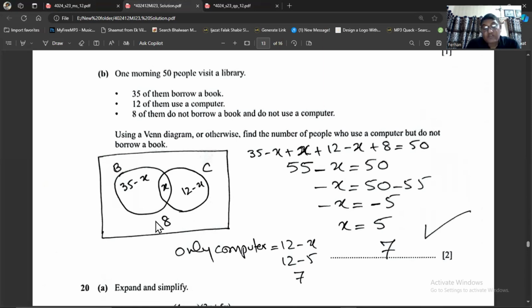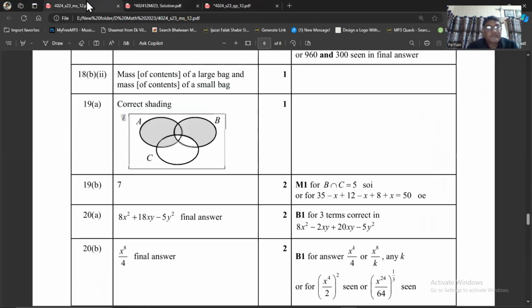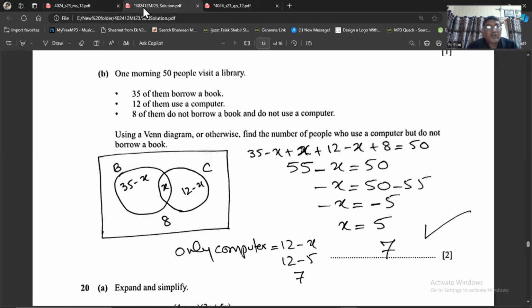So minus x will be equal to 50 minus 55, minus x will be equal to minus 5, and x will be equal to 5. So their question is only computer. So the only computer is 12 minus x, so that will be 12 minus 5, and that will be 7. So this is how the question number 19 is done.